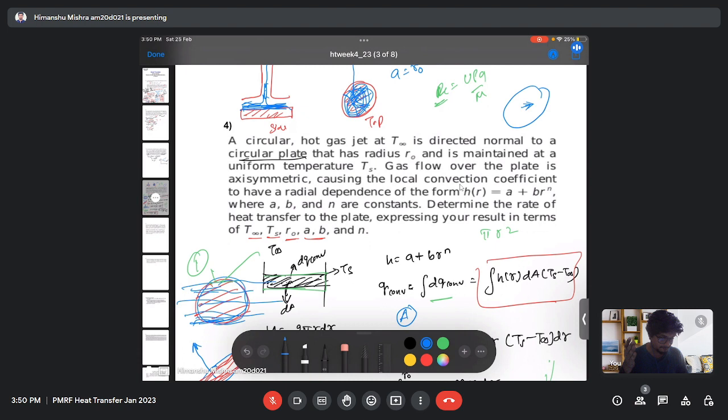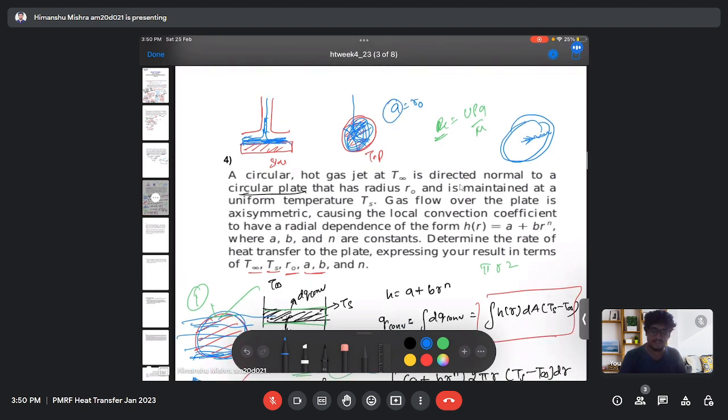So basically you need to determine the geometric property of that surface. In this case, the surface is a circular sheet, so my geometric property A will be R naught in this case. And the velocity will be the velocity of the flow, which is expanding over the circular sheet.